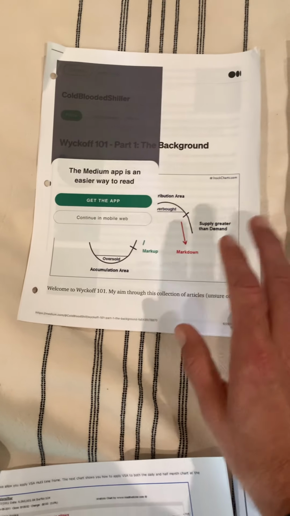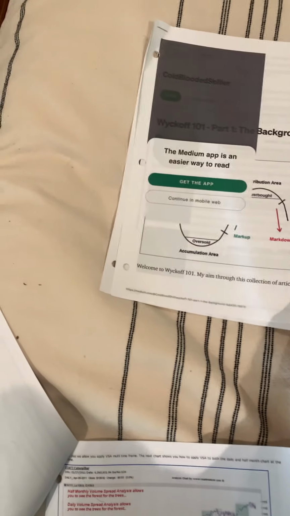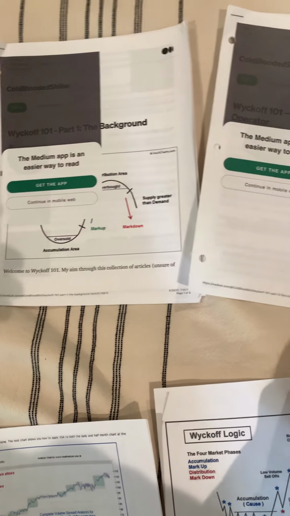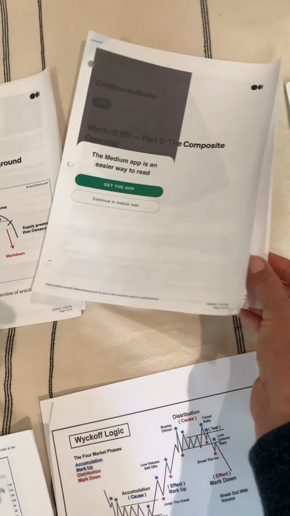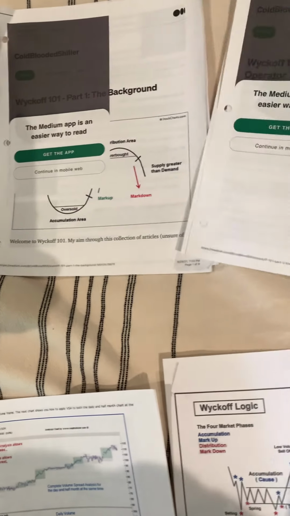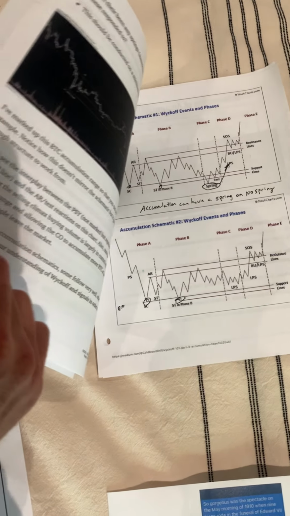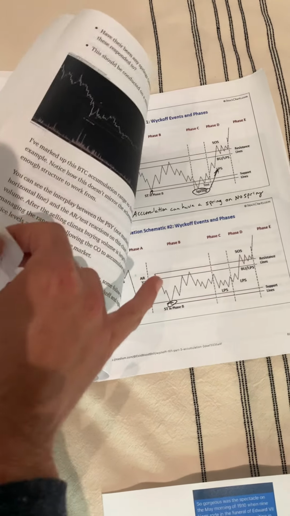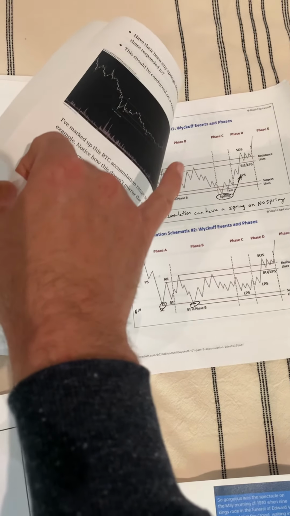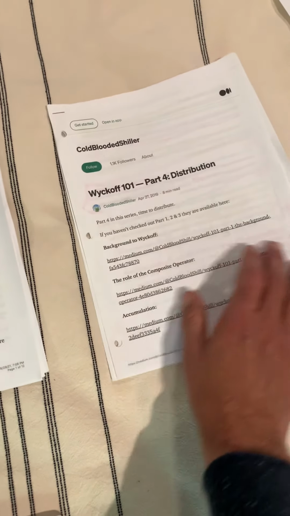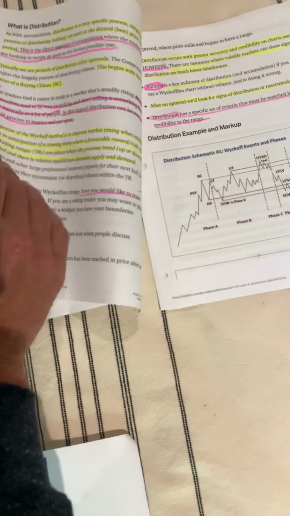I don't want to get too detailed into this, but it goes into the different types of graphs that the Wyckoff can play out. There's an accumulation pattern like this, with two different versions, A and B. And then it talks about distribution and what it is, why it happens, and what the graphs look like.